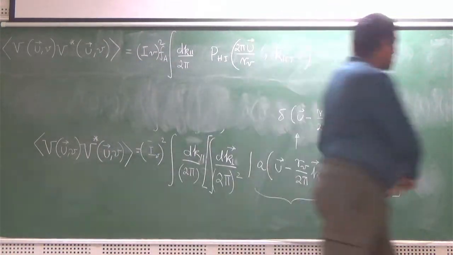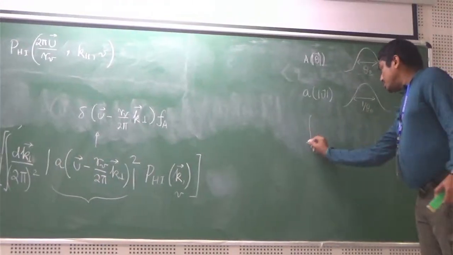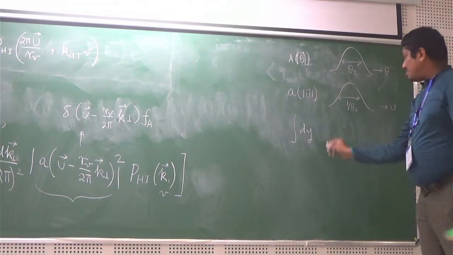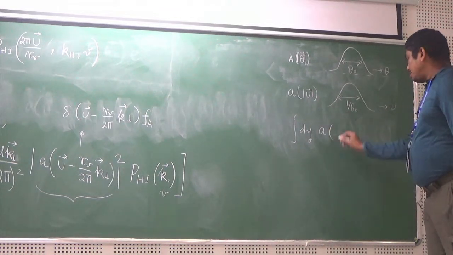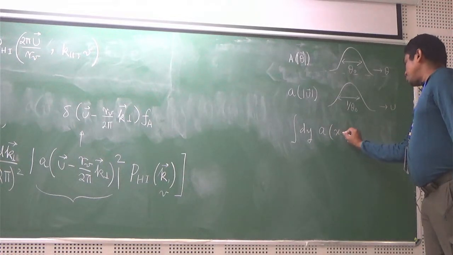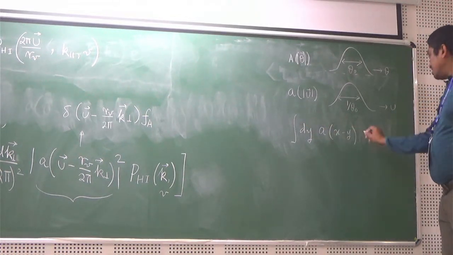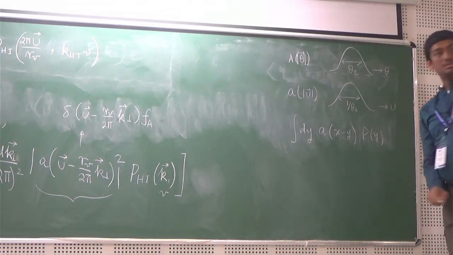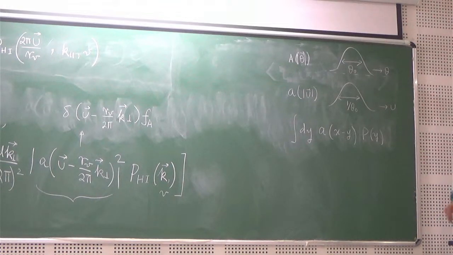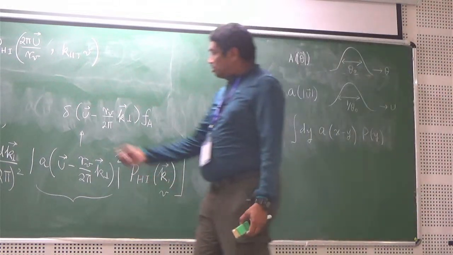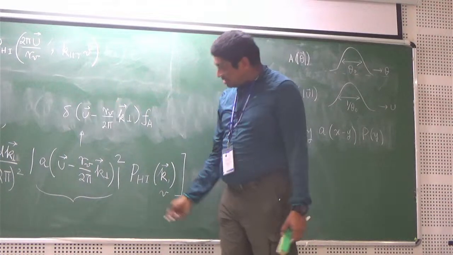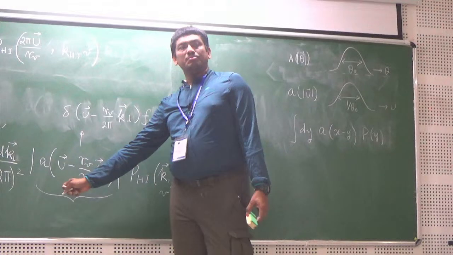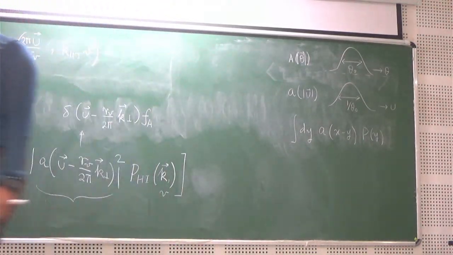So instead of looking at it in 2 dimensions, if I write it in 1 dimension, this is like I have an integral over y, I have a function which is small a, say, x minus y, and then p is a function of y. What type of integral? It's a convolution. So if you don't want to do this approximation, you still see that it's a convolution of the power spectrum with the Fourier transform of the antenna beam pattern.